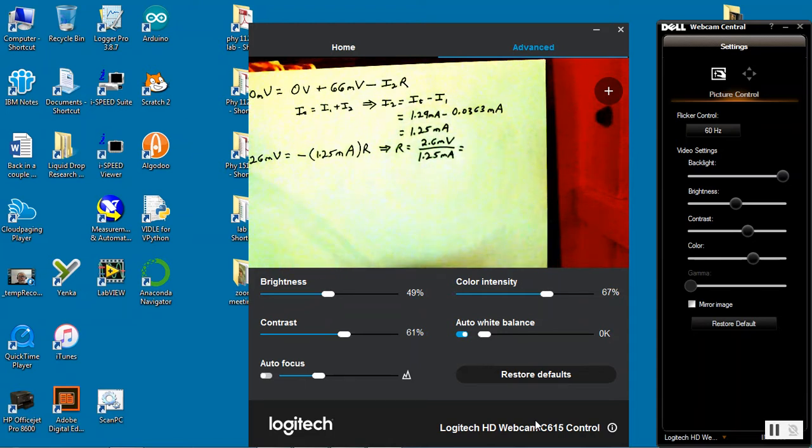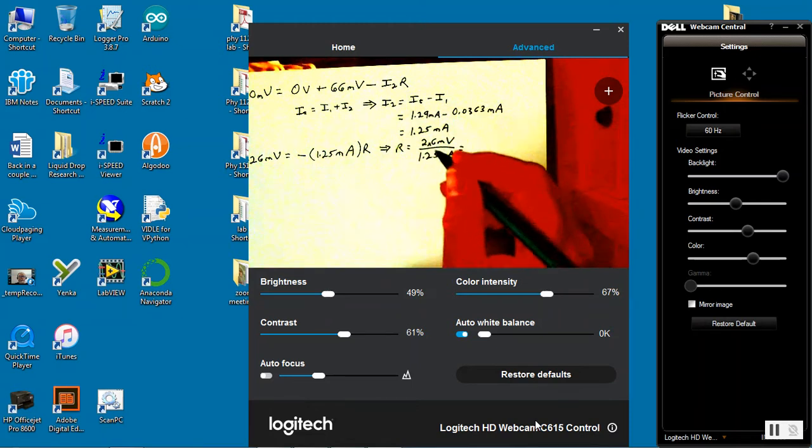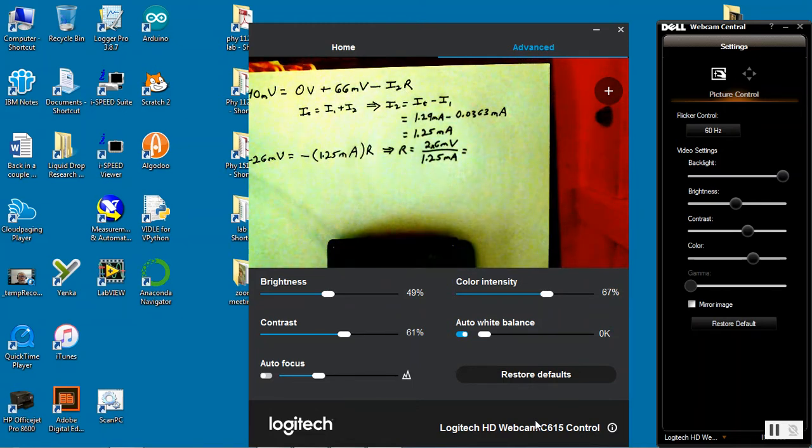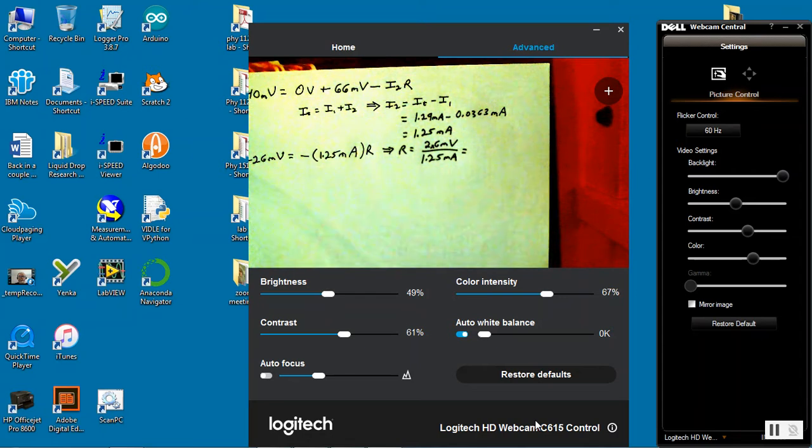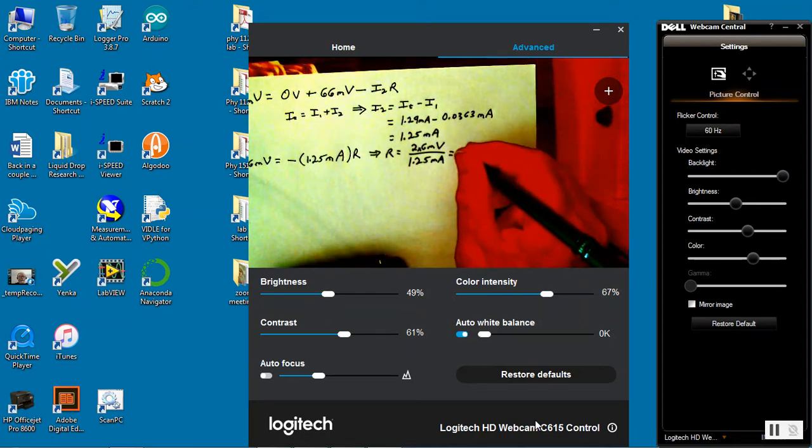That should not be 2.6 millivolts, that should be 26 millivolts. And I basically get 20.7 ohms.